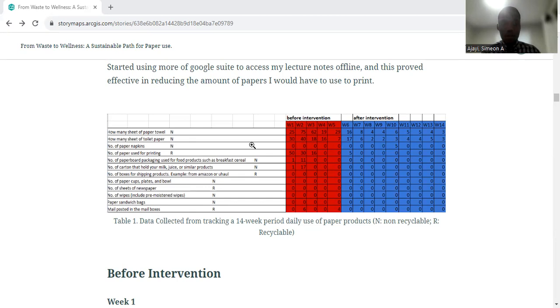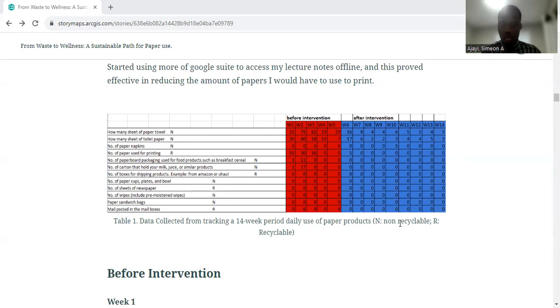All right, and this is my result. If you notice, there are keys that I put here, N and R. Like I mentioned before, I classified my products for better understanding of the effect of my project, which I'll still talk about. I classified the paper products into non-recyclable, which N stands for, and recyclable, which R stands for.